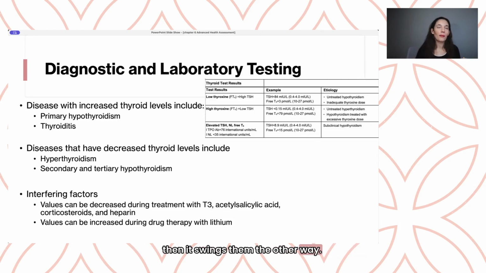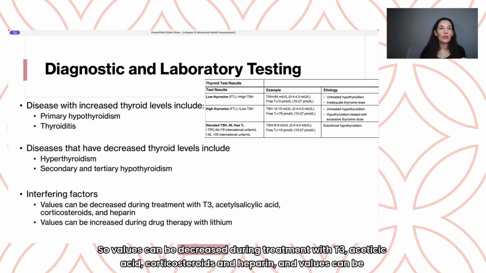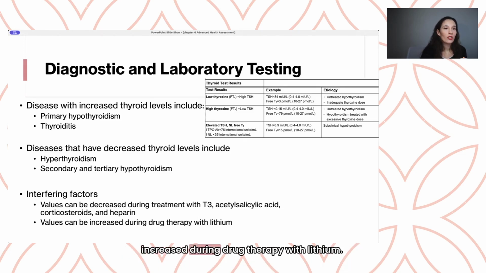So then it swings them the other way. So diseases that have decreased thyroid levels include hyperthyroidism. Interfering factors: values can be decreased during treatment with T3, acetylsalicylic acid, corticosteroids, and heparin, and values can be increased during drug therapy with lithium.